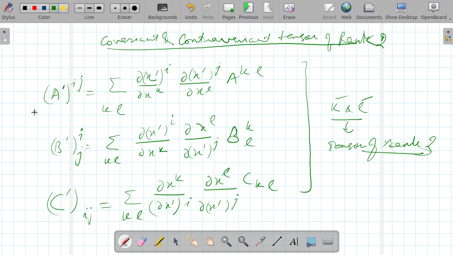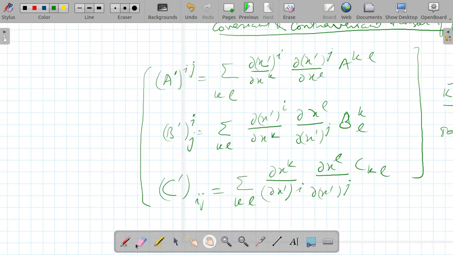And here both indices are contravariant, so Akl is contravariant in both indices.